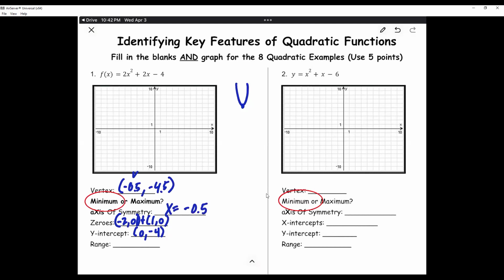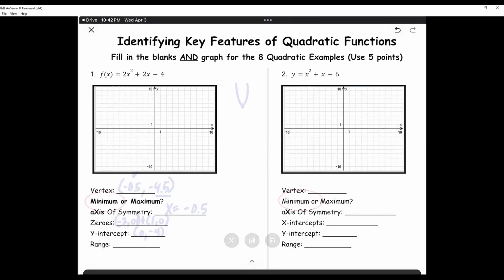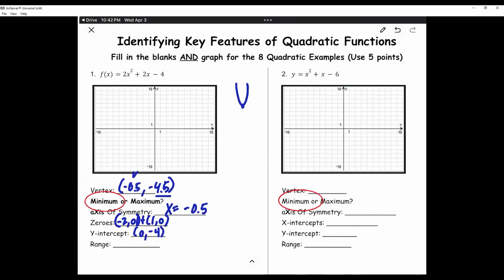Got that? And then this other coordinate, since it's a minimum and I want to find the range, that just means that the bottom of the graph is going to be at a negative 4.5. And it's going to go up to a positive infinity.